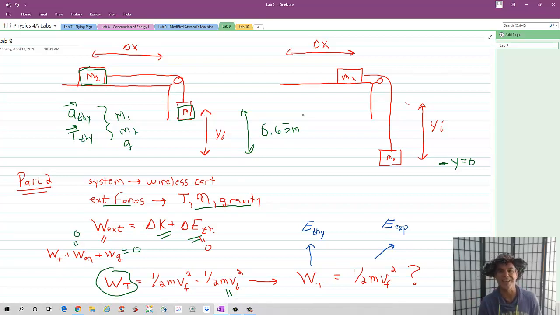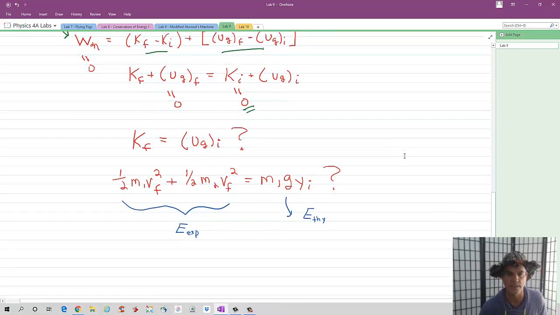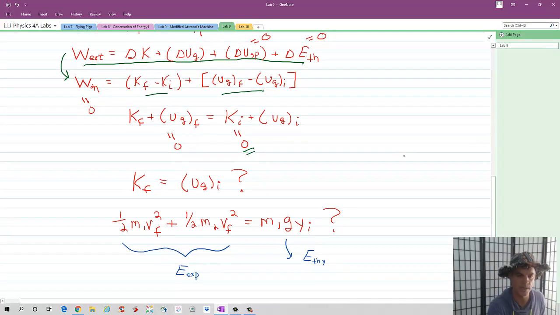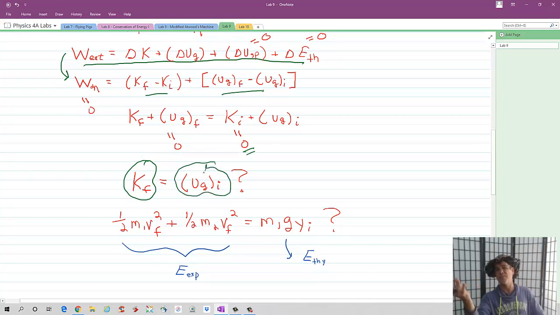Then I let this system go. M1 decreases in elevation, so it's losing potential energy, but the whole system is gaining kinetic energy. So what we're looking at is, does the final kinetic energy of the system, which is the kinetic energy of both the moving wireless cart and the hanging mass, equal the initial potential energy of the system, which is just the potential energy of the hanging mass?